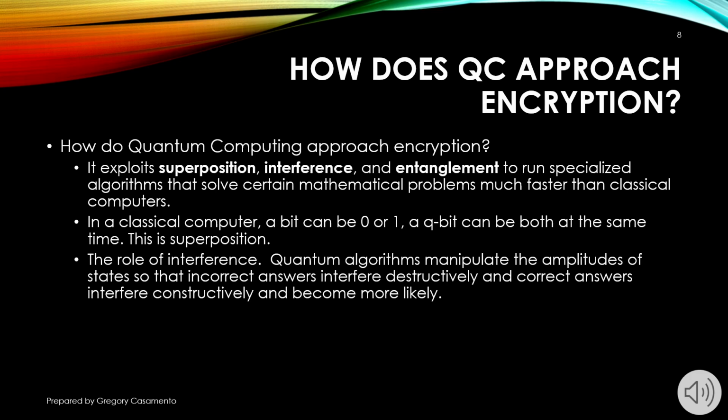As we mentioned before, in a classical computer, a bit can be a 0 or 1. A qubit can be both at the same time. This is called superposition. As for the role of interference, quantum algorithms manipulate the amplitudes of states so that incorrect answers interfere destructively and correct answers interfere constructively and become more likely.